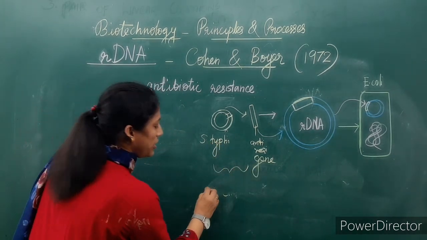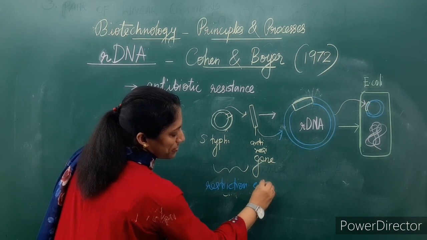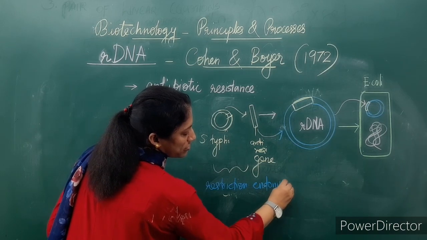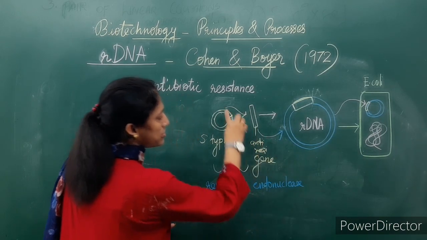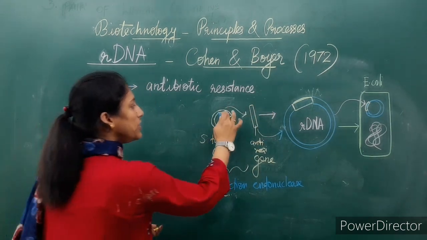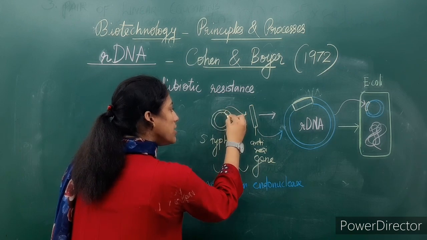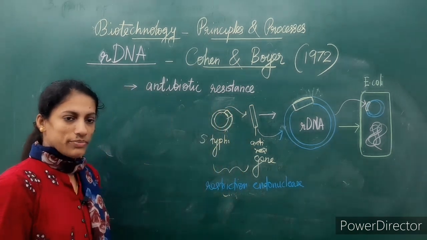It is isolated with the help of the restriction endonuclease enzyme. Certain enzymes are used to cut a portion of this, and it is cut and taken out from the plasmid of a native bacterium, Salmonella typhi.